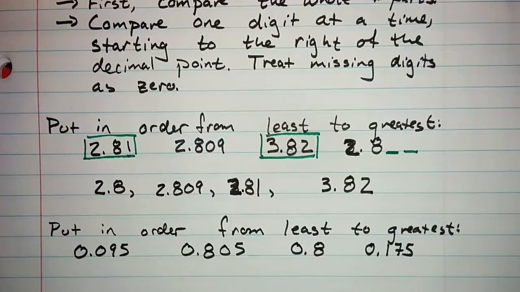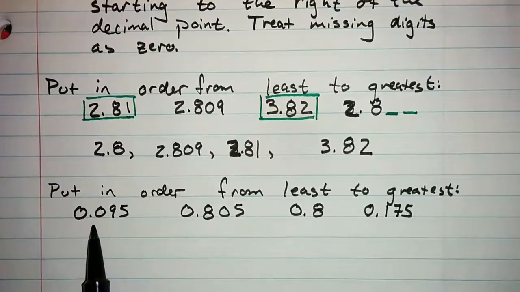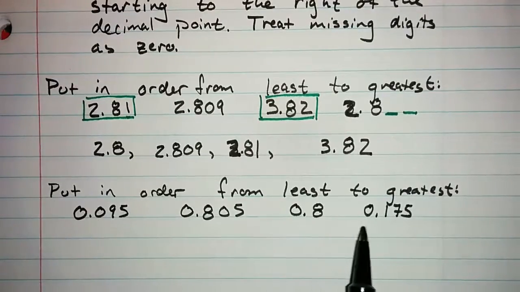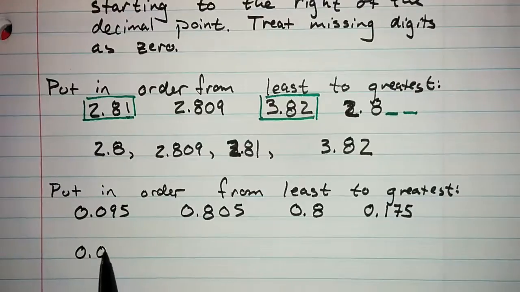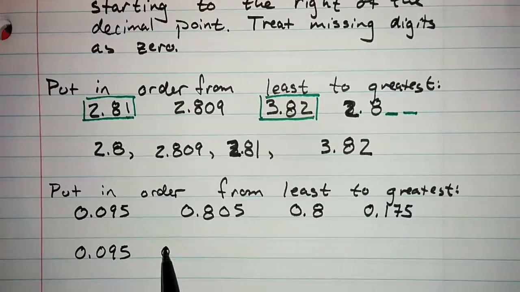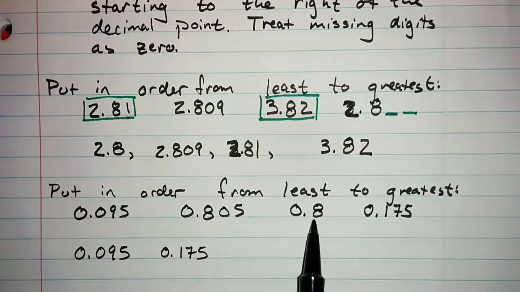Alright, none of these have a whole number part, so we don't need to worry about that. First digit after the decimal point: 0, 8, 8, 1. 0 is clearly smallest, so this one's smallest. Alright, next, 8, 8, 1. 1 is clearly the smallest that remains. 8, 8.